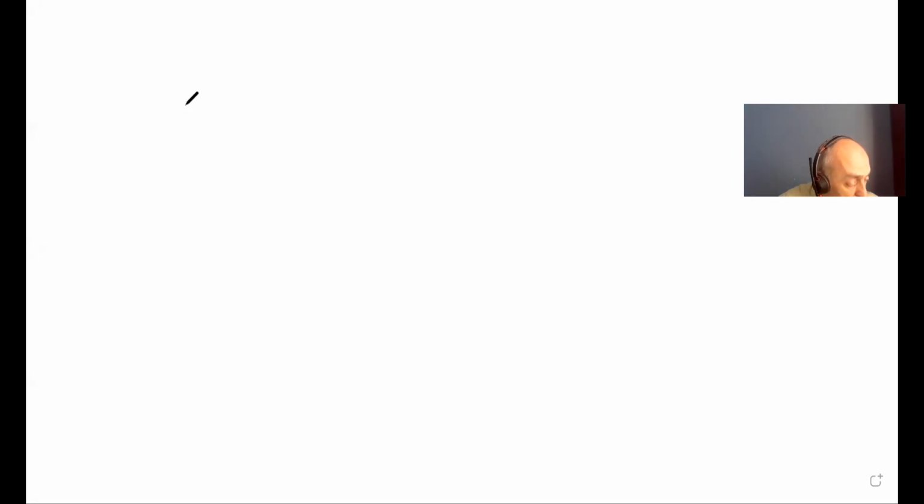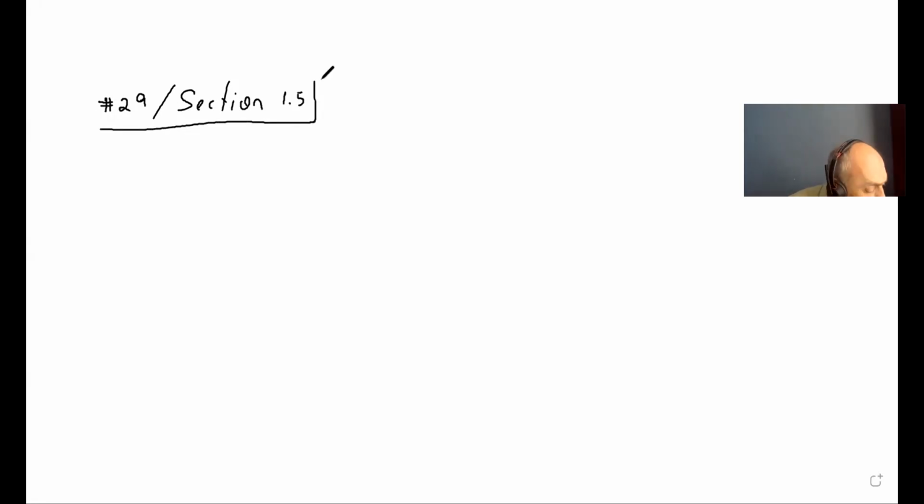The first problem that I'm going to do today is number 29 of section 1.5. I think I included that as a practice problem. Of course, it's in the homework, it was for the quiz as well. I did not assign a question like that, but here's what it is.